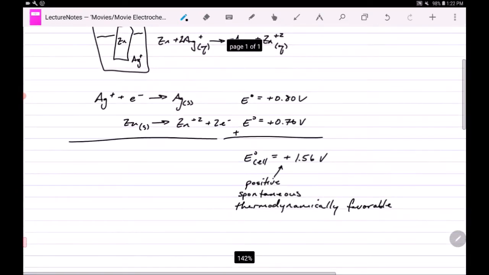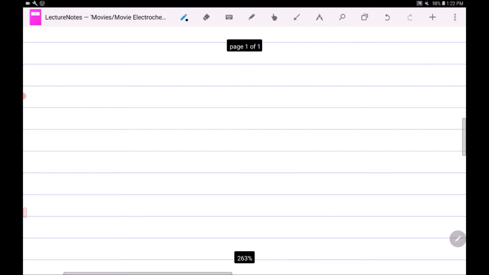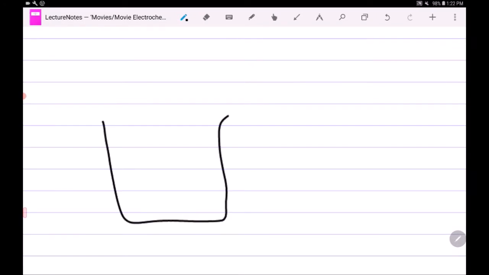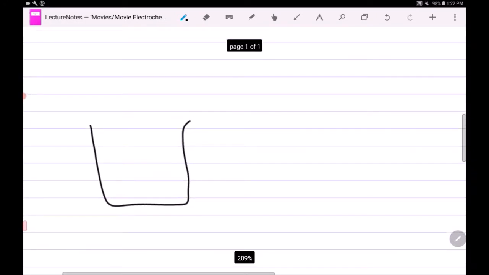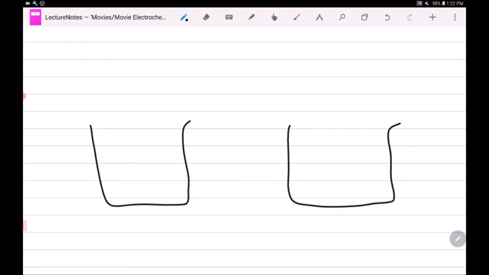So what we can do is we can decouple these two reactions. So we'll get two beakers, and in one beaker we'll put zinc, and then another beaker, we'll put silver.